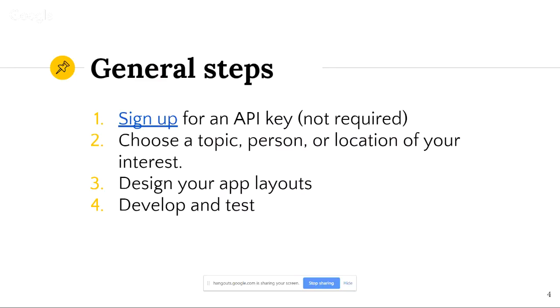And develop the app, and of course, test it. Be sure that every single module is working as expected, okay? And if the API is not returning information, be sure that you are handling this as well.